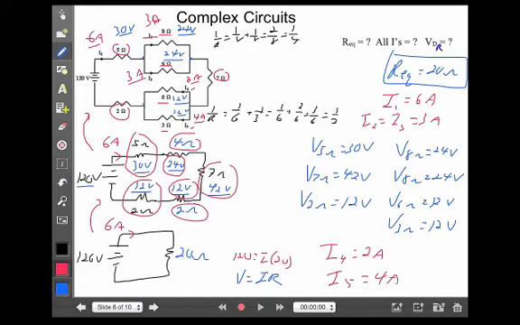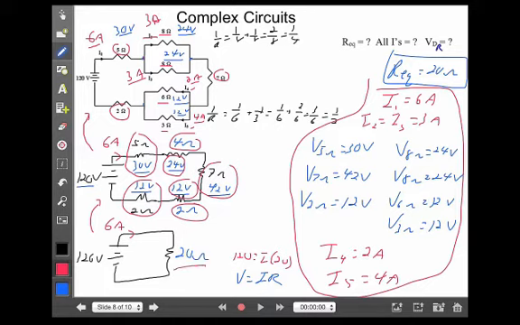And look at that, we've got everything else we've asked for. We found the voltage drop everywhere, the currents everywhere, and the REQ of the circuit, simply by following those steps. Reducing little bits of the circuit till we got to the simple circuit, found REQ, then we found current, brought current back, found voltage drops, and really what we did is we brought those voltage drops back to find all of our currents.